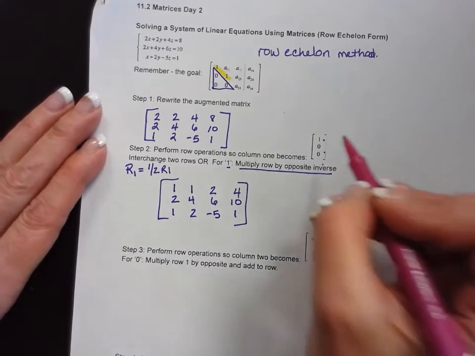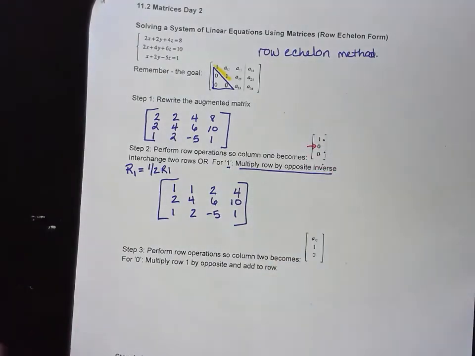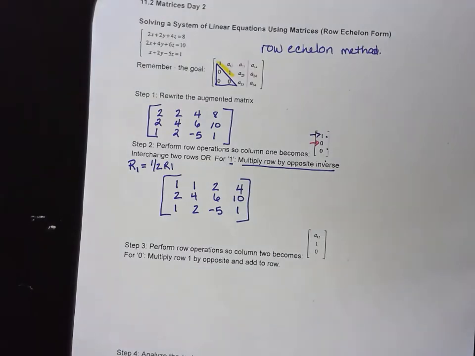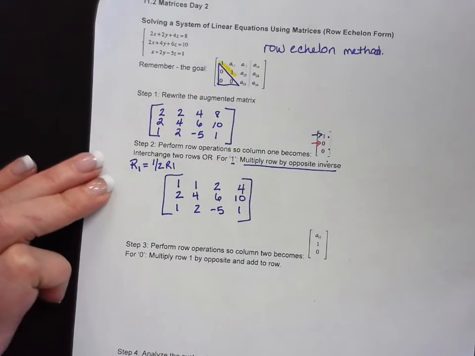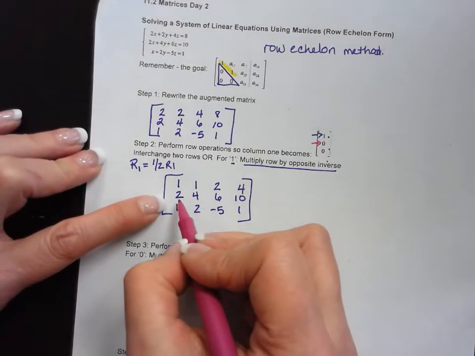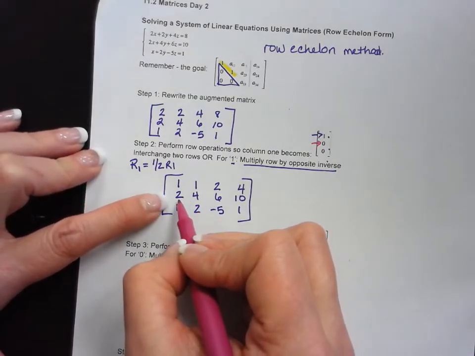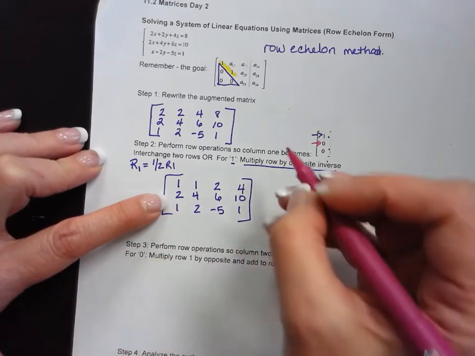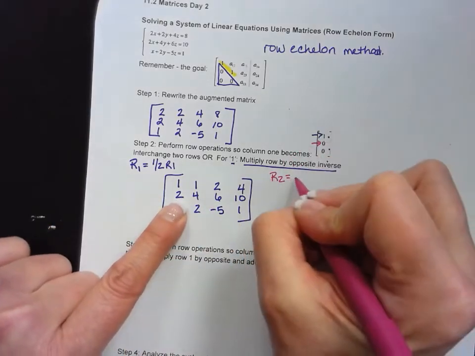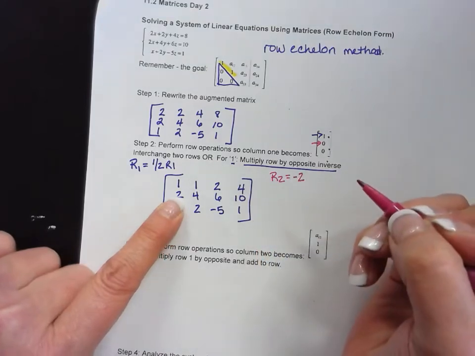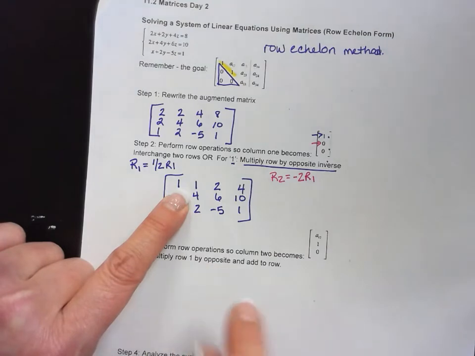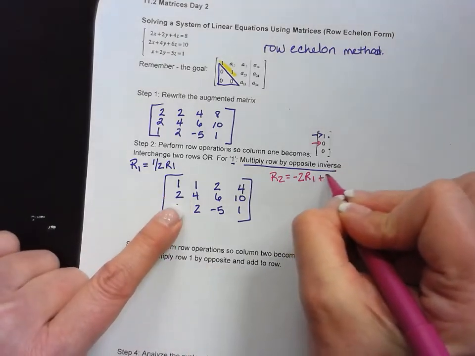Okay, so now I want to get my second element to be a 0, and so to get it to 0, you multiply the opposite. So I'm going to say for row 2, the opposite of 2 is -2. I'm going to multiply it by row 1, because there's the 1, and then I'm going to add it to row 2.